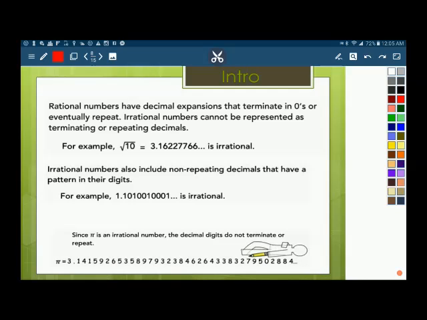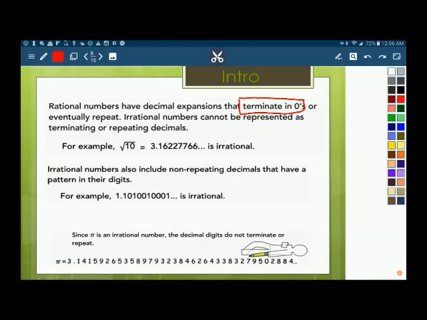All right, so just to introduce you to rational versus irrational numbers as a form of known symbolic numbers and just recognizing patterns, I have that rational numbers are decimal expansions that terminate in zeros. Okay, they terminate in zeros.